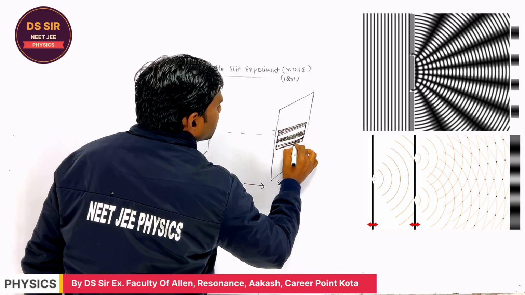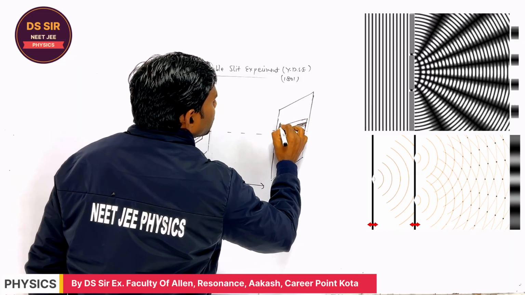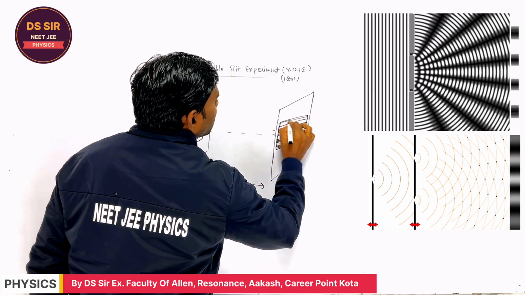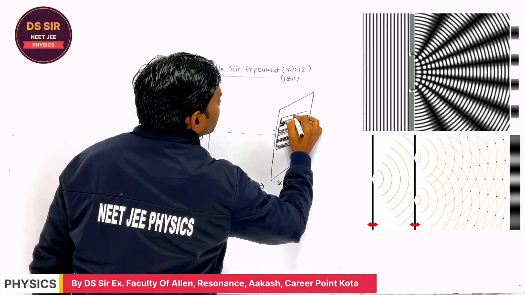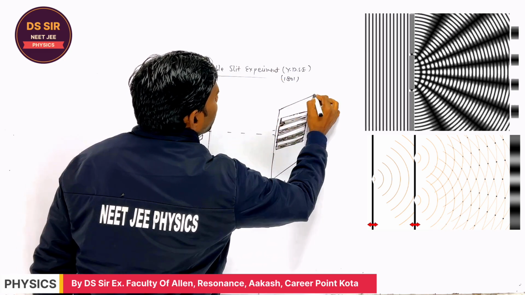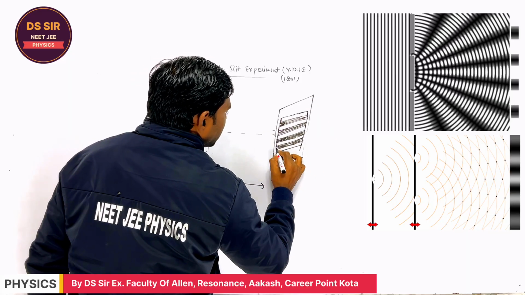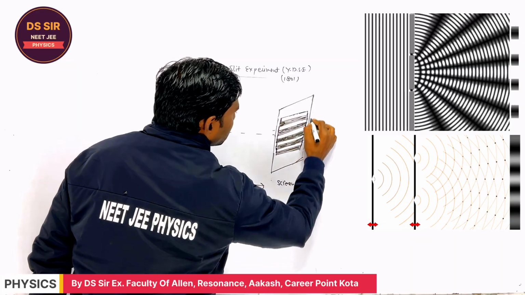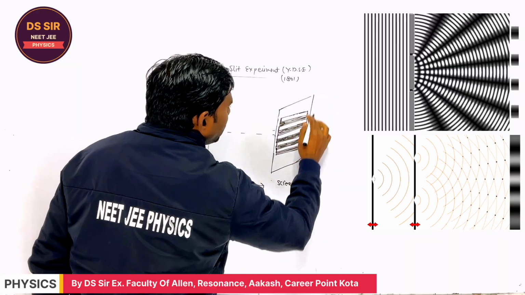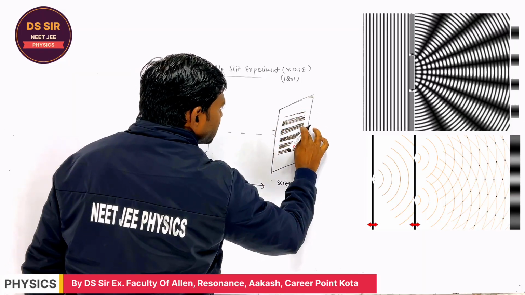On the other side there is also a dark fringe, then a bright fringe, then a dark fringe, like this. So on the screen they found this type of fringe pattern.